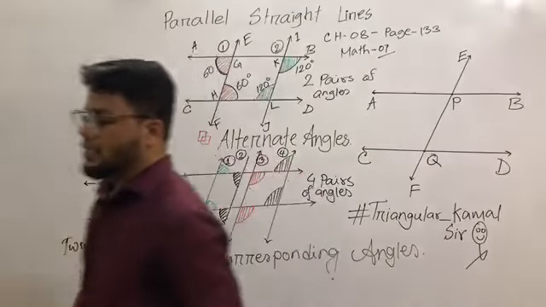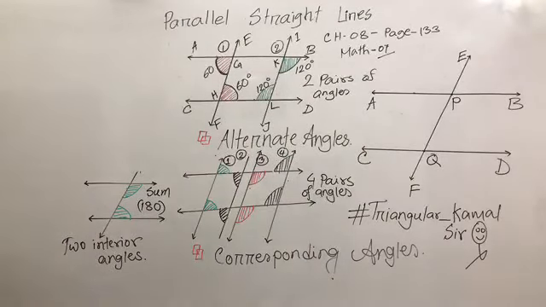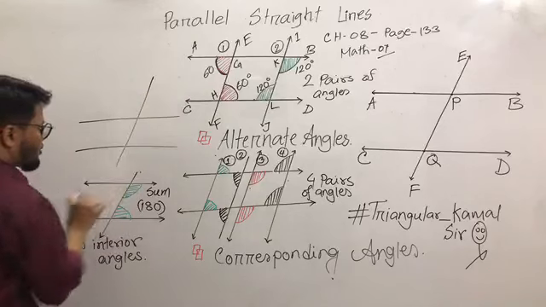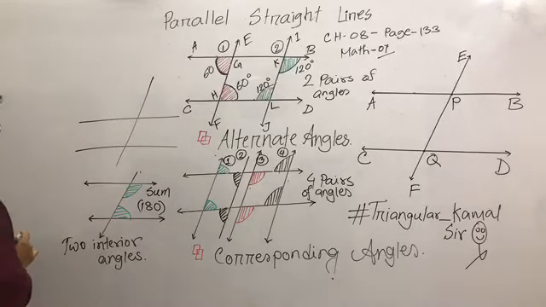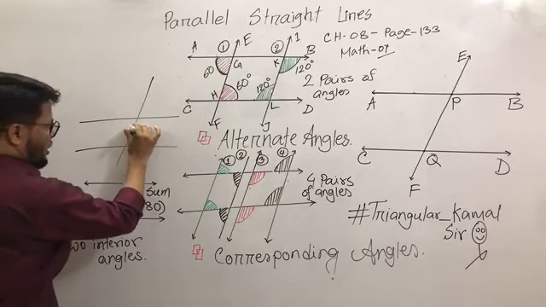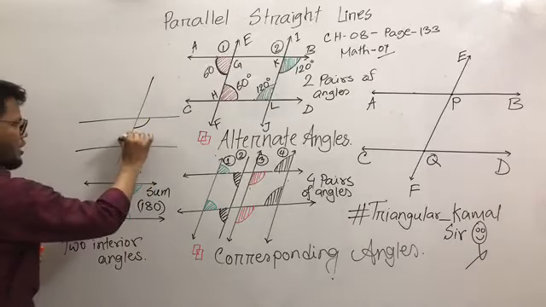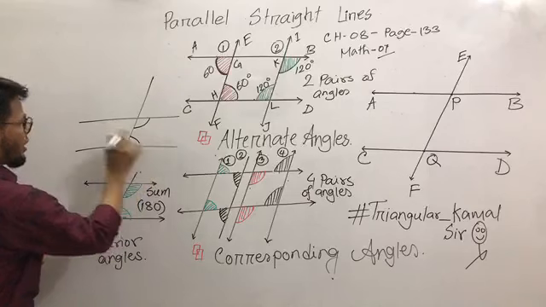And now this is another step: the two interior angles. If we draw parallel lines here, and this is the transversal. The transversal on the right side makes this angle with the first line, and another angle with the line CD.